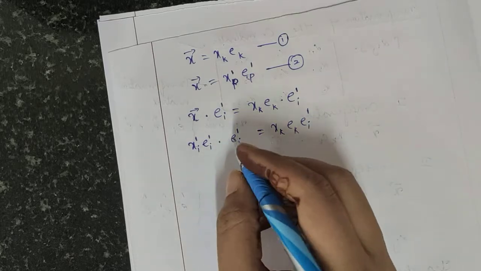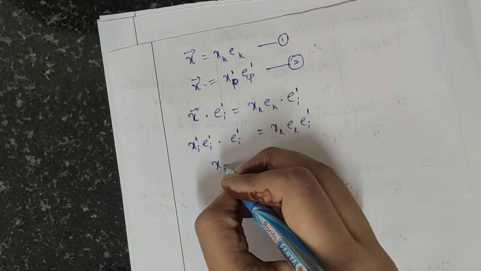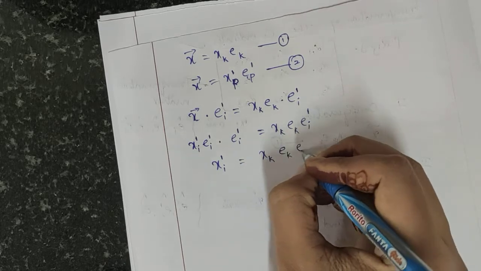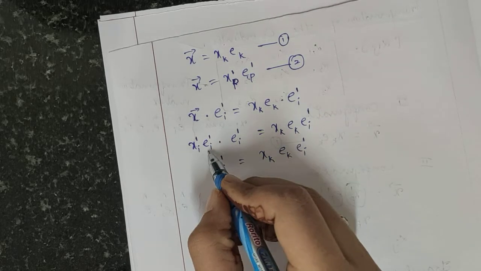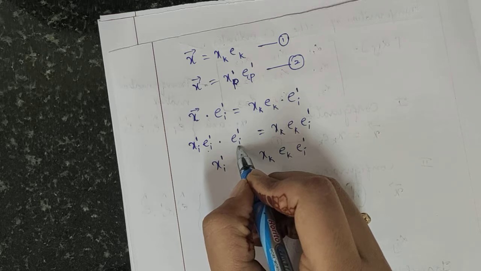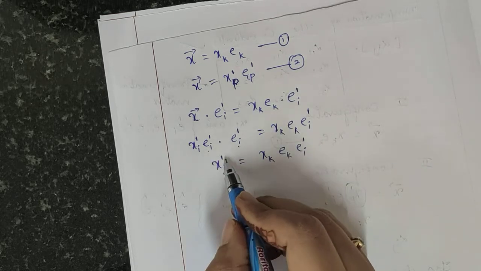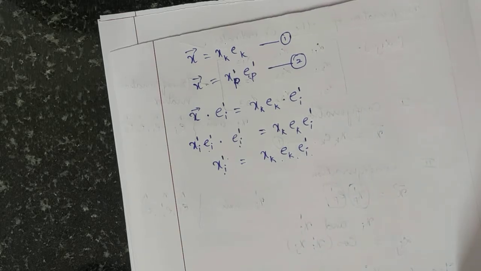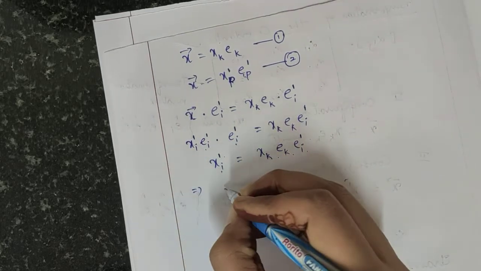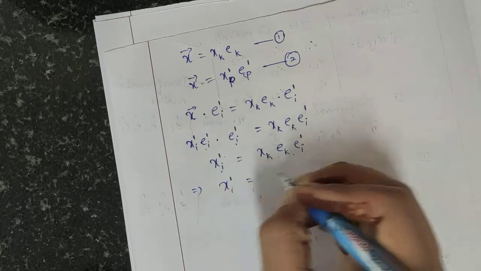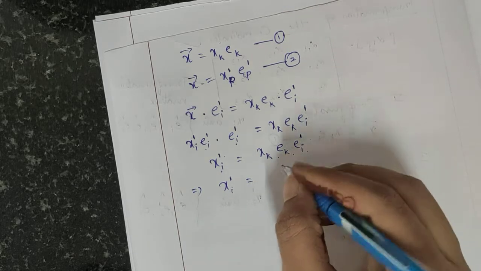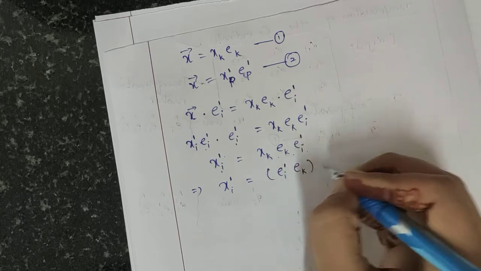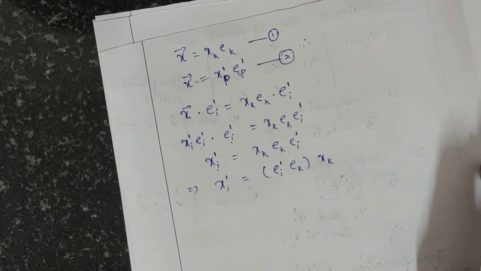So this is nothing but xi prime is equal to xk ek ei prime, because ei prime dot ei prime is 1. So this implies xi prime is equal to ei prime ek into xk.